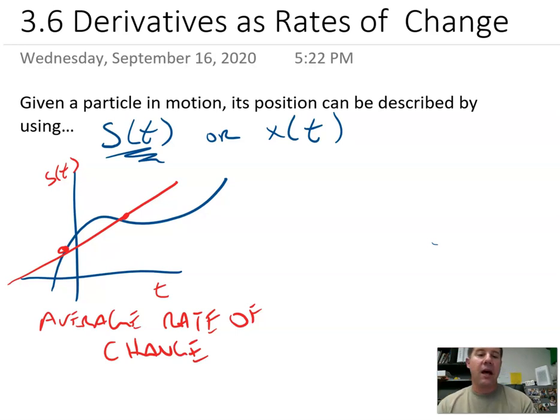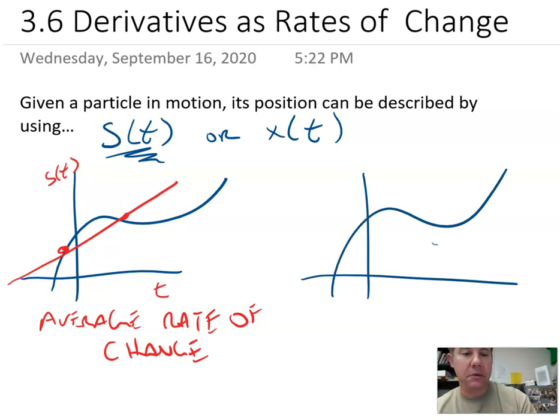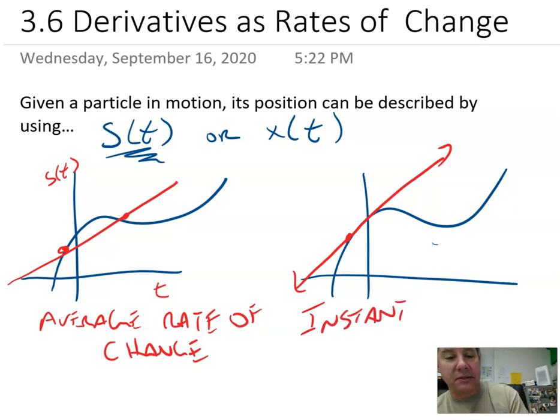And then we also talked about, very similarly, given that same function, if I look at the slope of the tangent line, or the derivative, the tangent line is the derivative at a point, this would give us the instantaneous rate of change, or the instantaneous velocity.